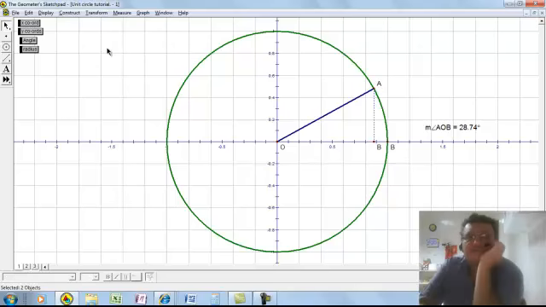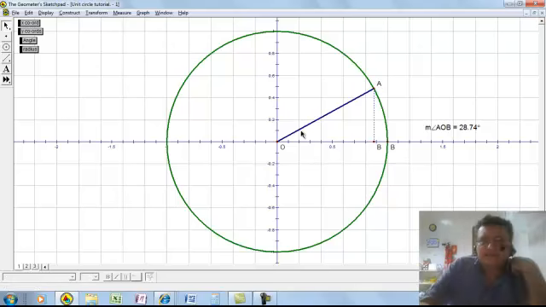Now, thinking about our definition of sine, cosine, and tan, this angle down here. What would be the cosine of this angle? Cosine of this angle would be the adjacent side, this bit here, divided by the hypotenuse. Let's think a bit more carefully then.